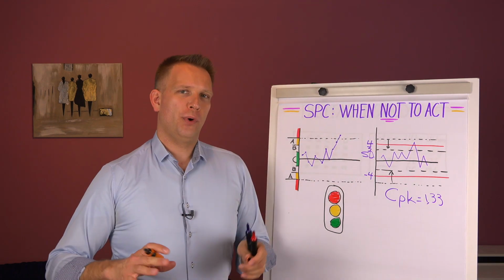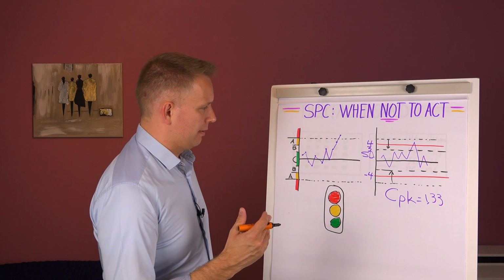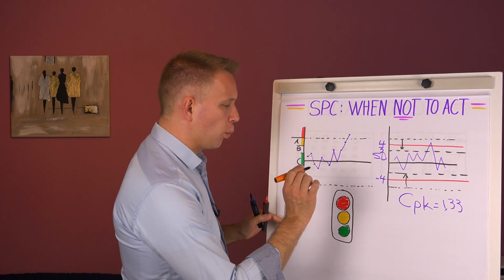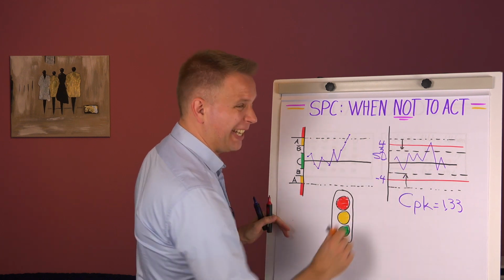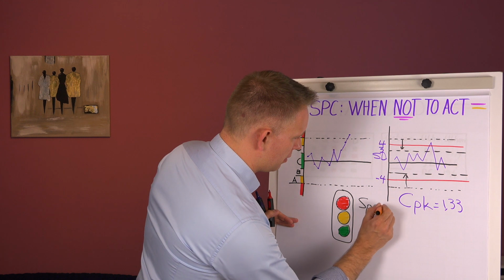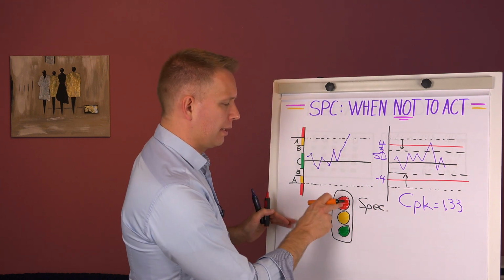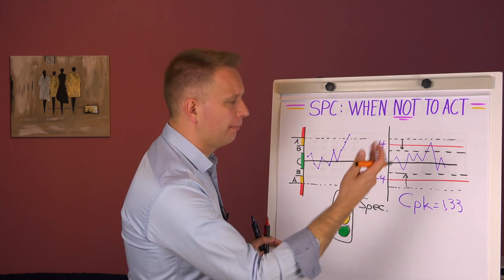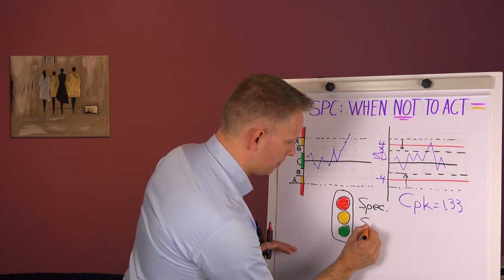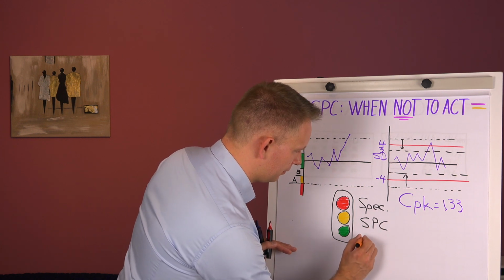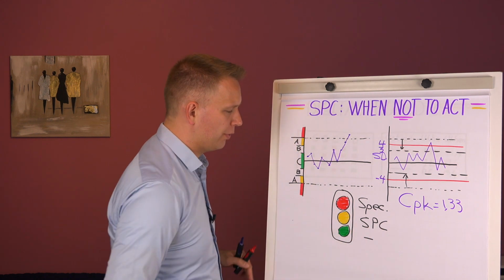You want to go for a 3-tier sort of system in your process control. So this is for the operator. When you trigger specification limits, that's the red signal. When you trigger only SPC limits but not specifications, you get your orange.